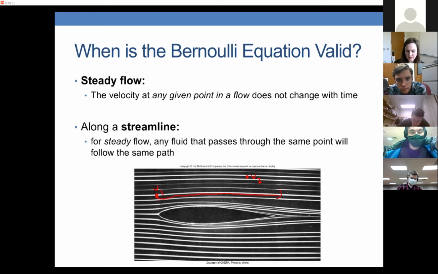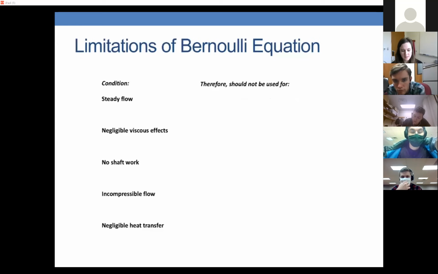So for example, if you had a valve that was closed, and 1 and 2 are before and after it, you can't use the Bernoulli equation between 1 and 2. The closed valve cuts off that streamline and you can't do it anymore. Okay, so we need it for steady flow.